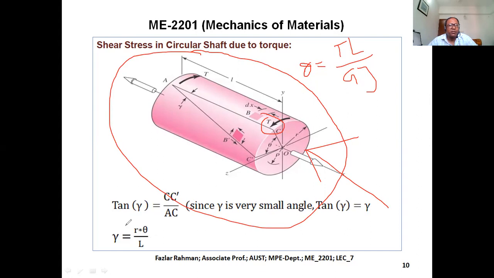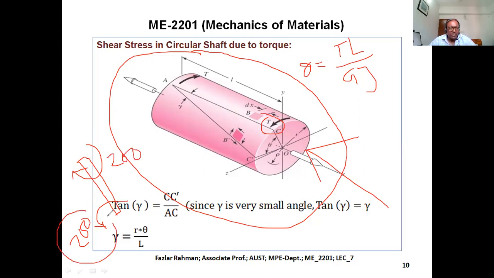Now if I give you a shaft, with this end torque rotating anticlockwise, 200 Newton meter, and right over here, clockwise 200 Newton meter, will this torque be negative or positive?